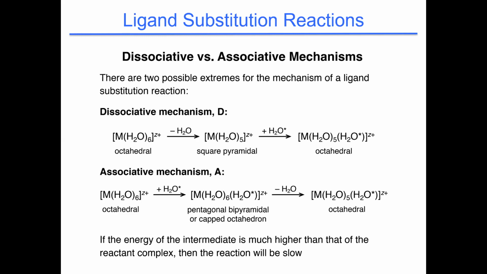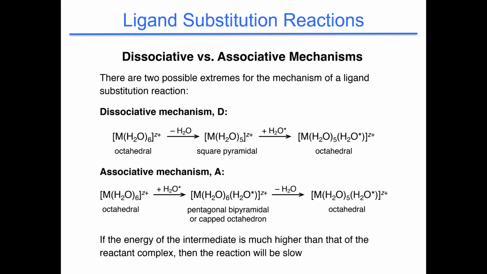So if you are starting with octahedral, you'll end up with a square pyramidal transition state. And then for associative, you gain a ligand as you move into the transition state. So for an octahedral starting complex, you'll end up with a pentagonal bipyramidal or capped octahedron as your transition state, and then you lose a ligand to reform an octahedral complex.